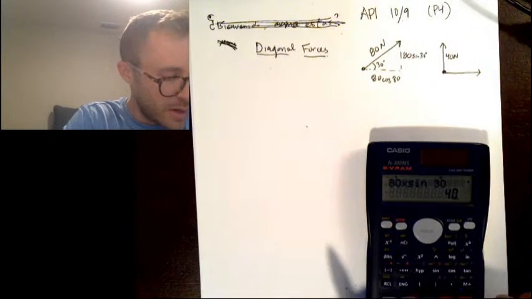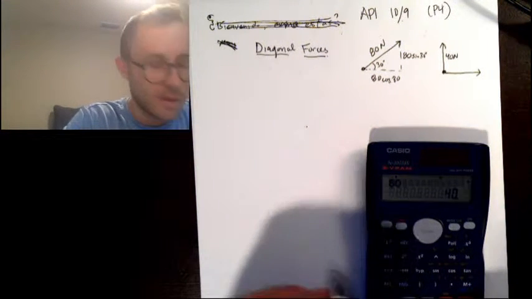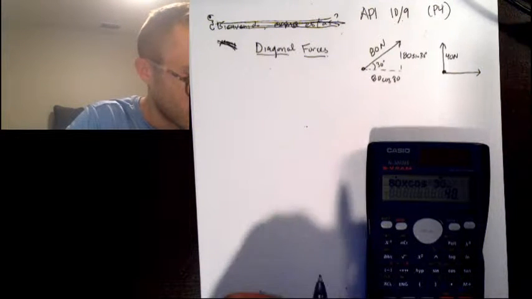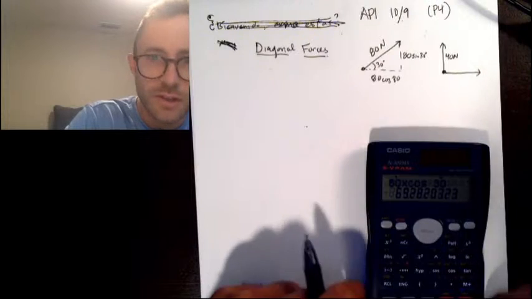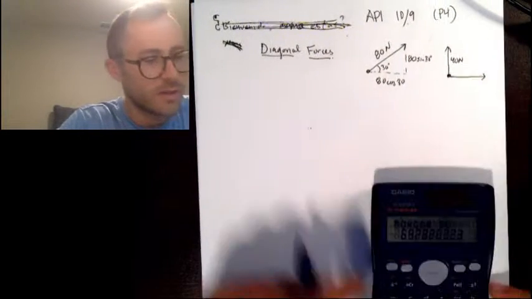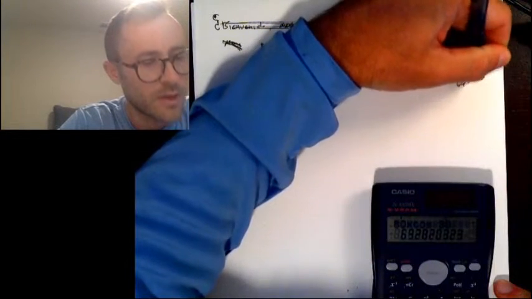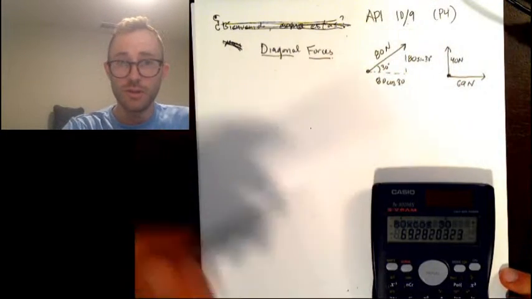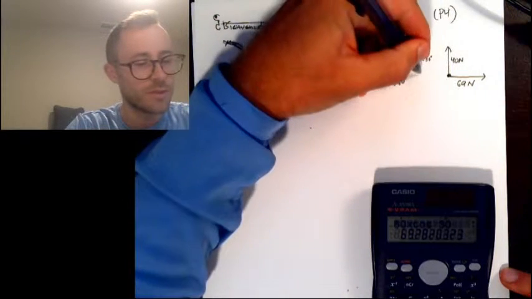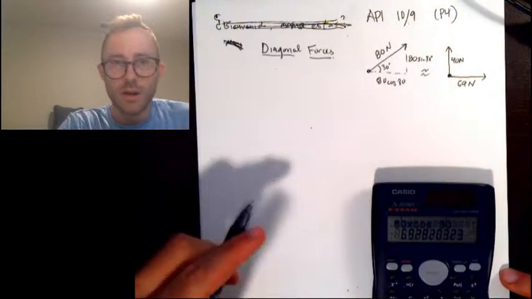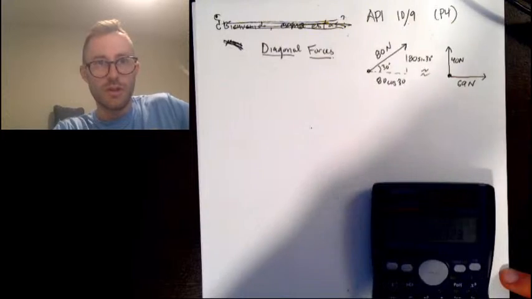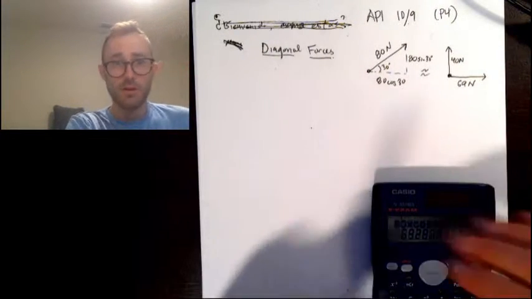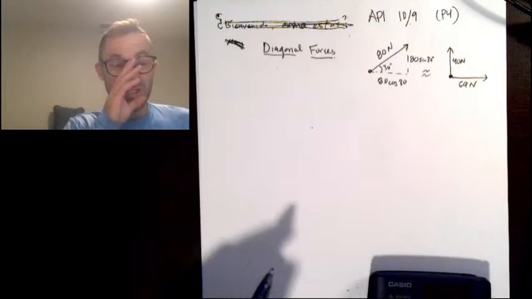And 80 cosine of 30 is 69 newtons. So a force of 80 newtons at an angle of 30 degrees is completely equivalent to a 40 Newton force going vertically combined with a 69 Newton force going to the right. So this is how it works.